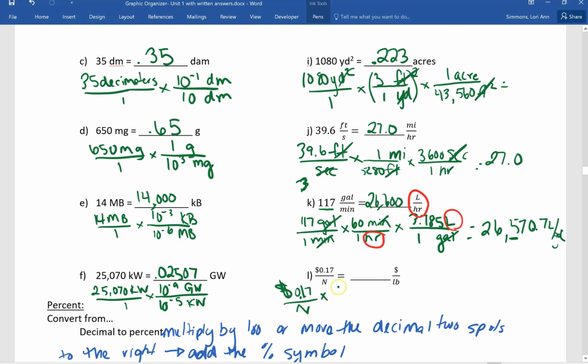So there are 4.448 newtons in 1 pound. Newtons cancel, so we get $0.76 per pound. When we work with money, just round to the nearest cent.